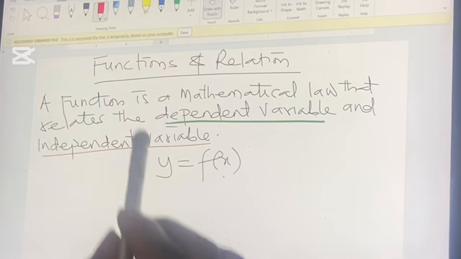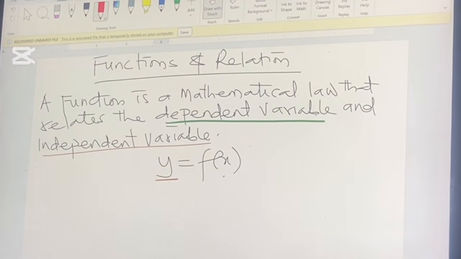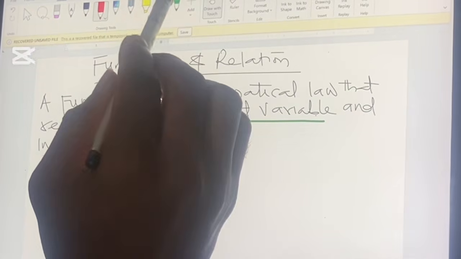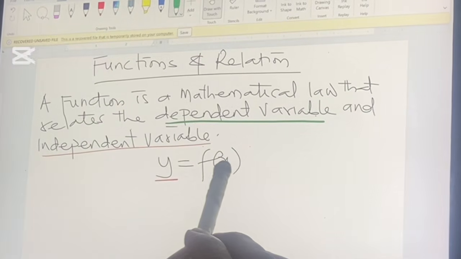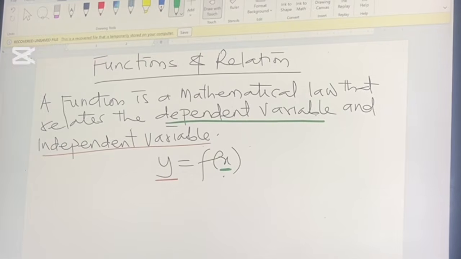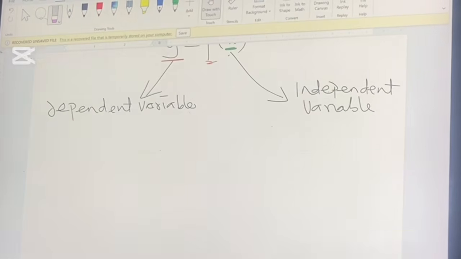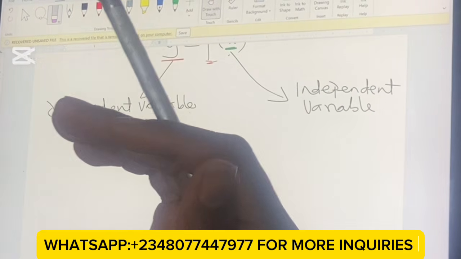Here y is the subject letter, and we call it the dependent variable. The s here is not the subject letter, so we call it the independent variable. The f here represents the function. Please take note.